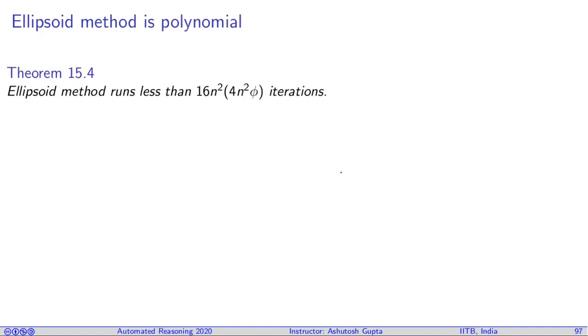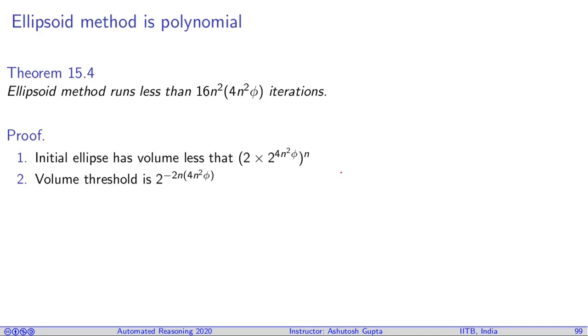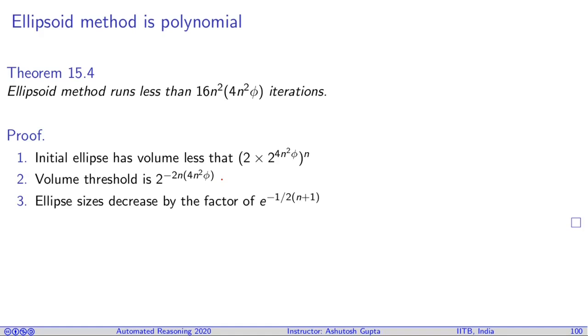So this method is going to run in polynomial time, and here is the bound written. Why that is the case, you can actually have guessed by now. The initial ball is of exponential size in terms of n and the numbers appearing in your matrices. The volume threshold is again a number which is exponentially smaller with respect to the same numbers, and each time we make a step, my ball becomes a constant factor smaller.